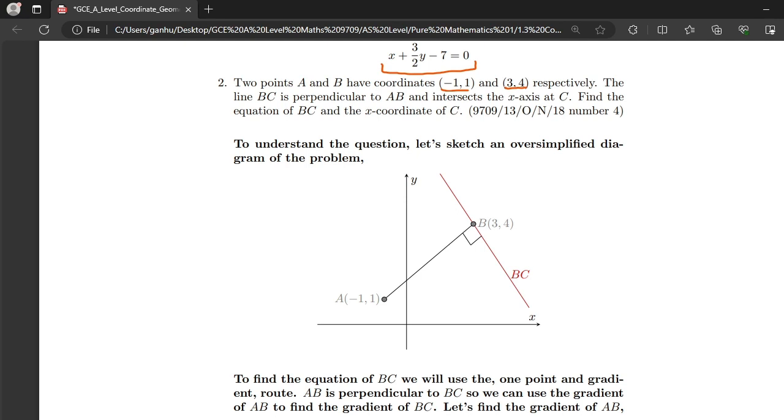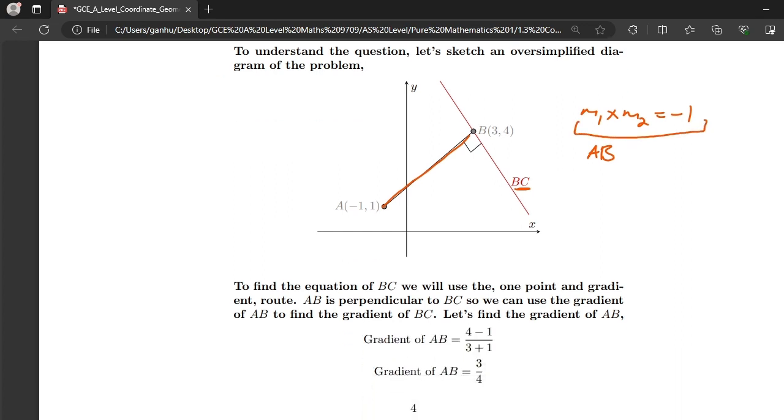Okay, so we know that our line BC is perpendicular to the line AB. From that we can tell that the product of their gradients should be equal to negative 1. So if we can find the gradient of AB, we should be able to use this formula to get the gradient of BC.